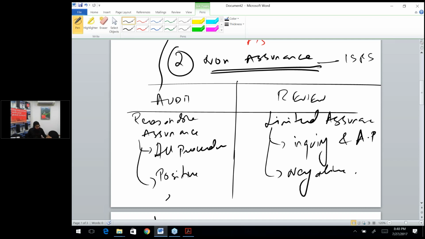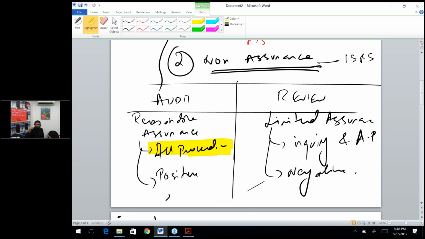I'll talk further about what the further differences between audit and review are, and how these differences arise. Whenever we perform an audit, we perform all the possible audit procedures, which could be inquiry, analytical procedures, external confirmation, physical inspection, recalculation, etcetera.